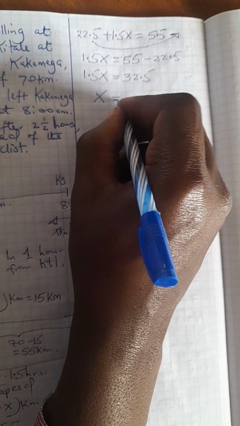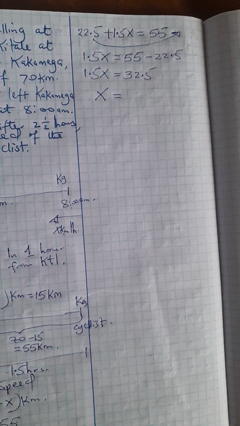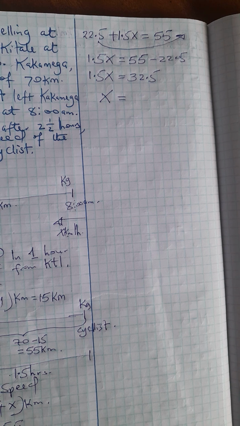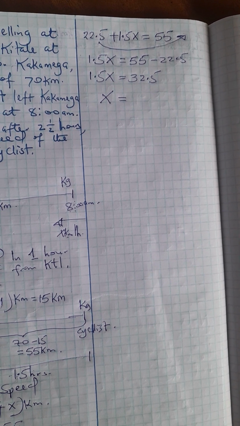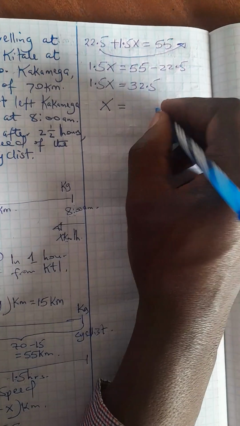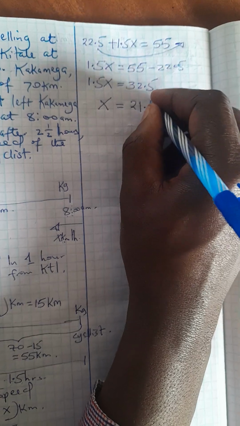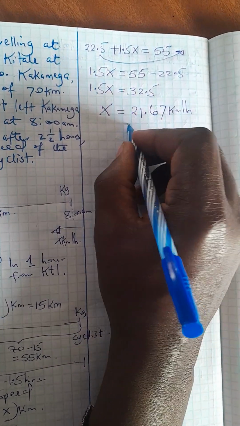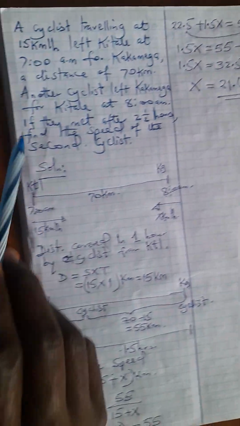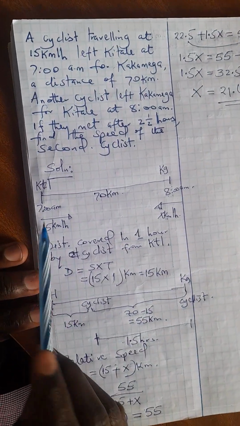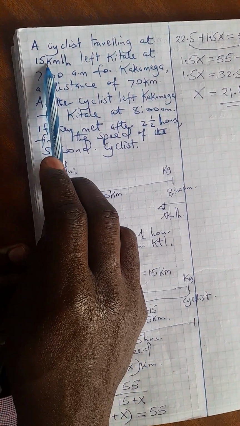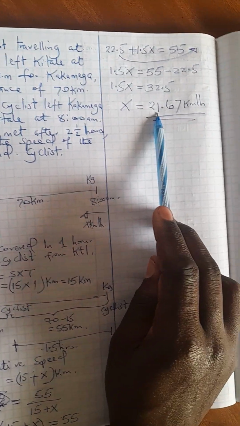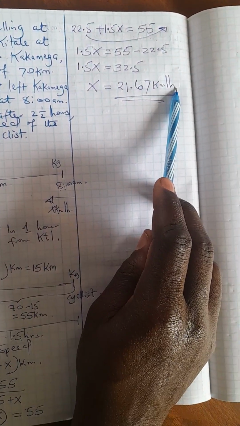So x is 32.5 divided by 1.5, which is 21.67. So while the one from Kitale is traveling at a speed of 15 kilometers per hour, the one from Kakamega is traveling at a speed of 21.67 kilometers per hour.